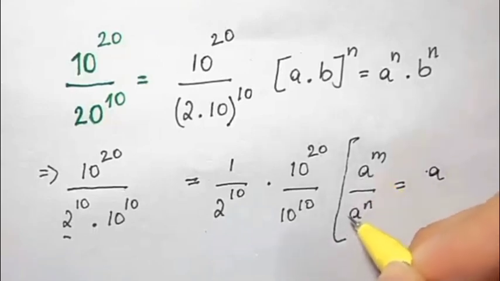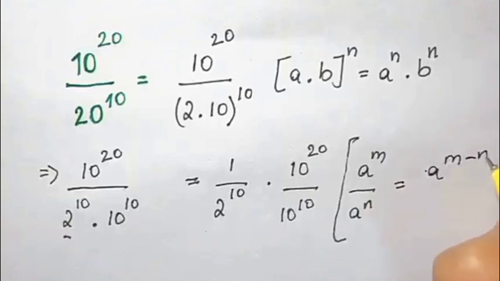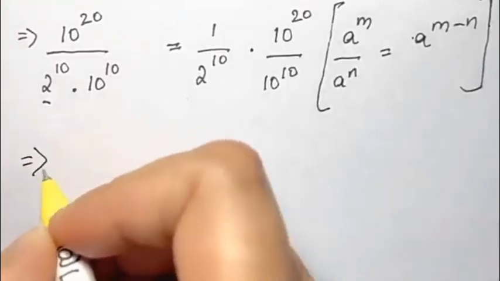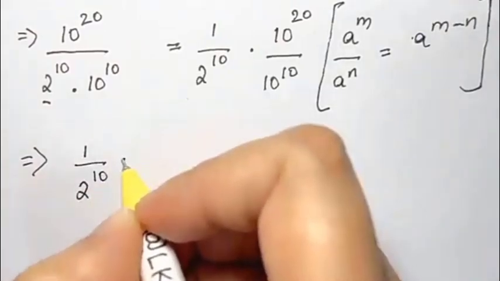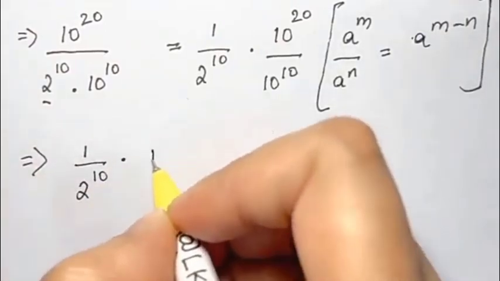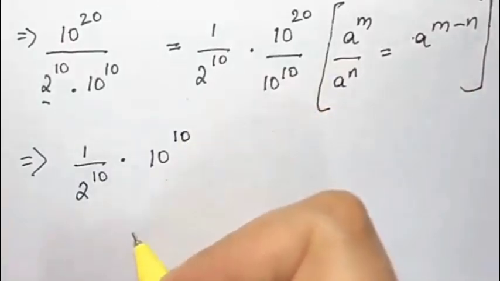When you have the same bases and there's division between them, you subtract the powers. So now we get 1 over 2 to the power of 10 times 10 to the power of 20 minus 10, which is 10.